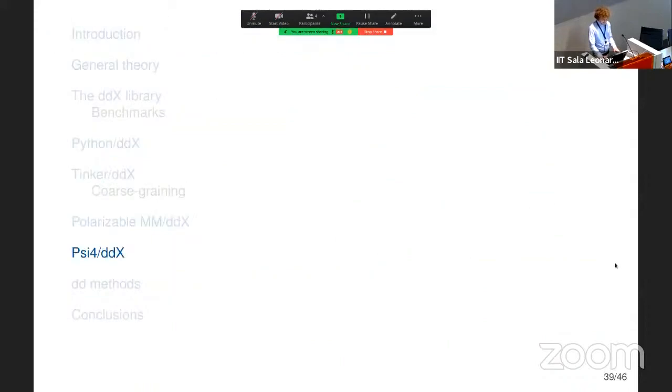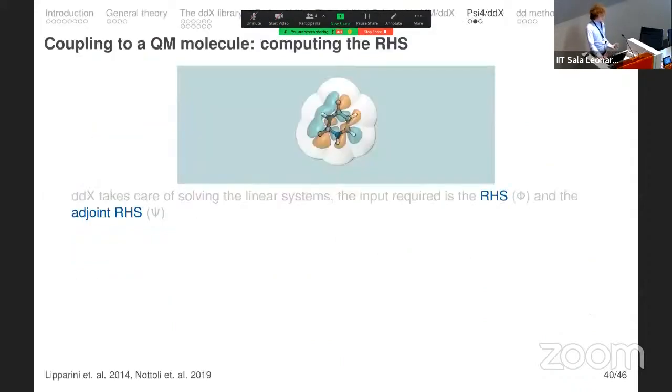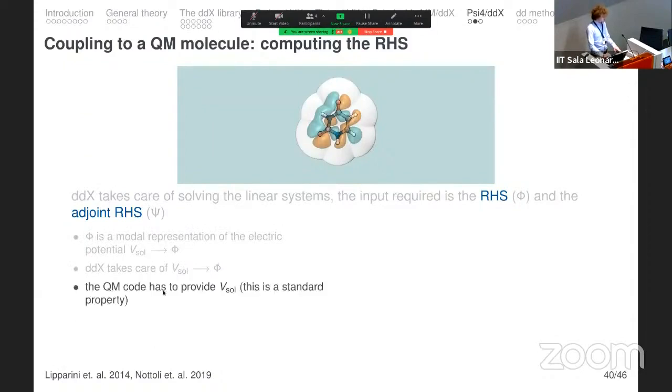And still, if we want to also couple with a quantum mechanical solute, everything is a little bit more complicated. The potential is still easy because it's quite a standard property, and every given quantum mechanical package can compute the potential of a density of charge. The psi is a little bit more complicated because here the density is not anymore made of point dipoles, point multipoles, so we don't get some simplification in this integral.